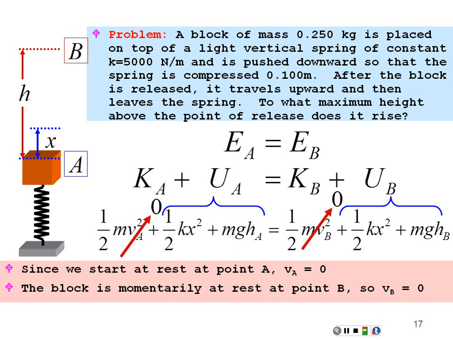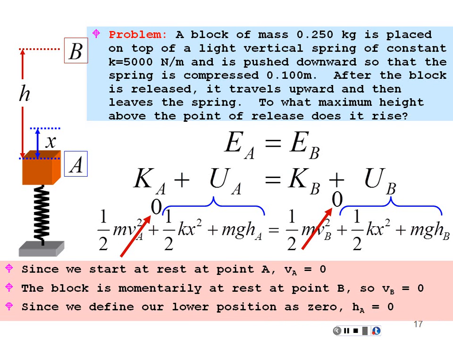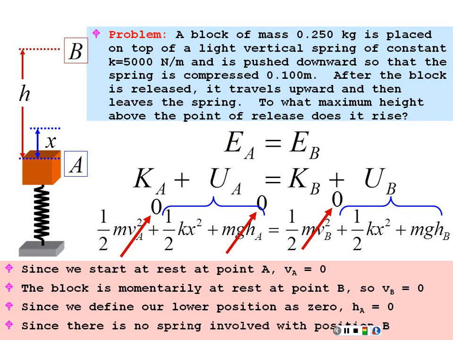What else might be zero? Well, we're going to define our lower height as being our zero height, so the height at point A will be zero. Hence, mg height at A will be zero. So that's zero. Things are getting easier. And we know that at point B, the spring is already sprung and will spring no more.